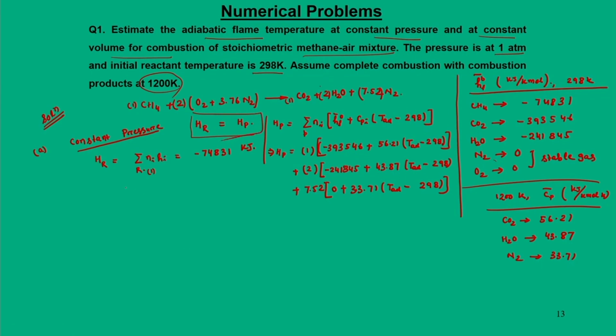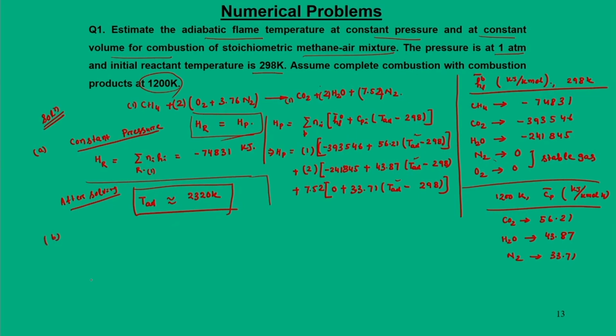When we equate these and solve, there is one unknown, that is T adiabatic. So this number would be 2320 Kelvin. So the adiabatic flame temperature for this methane air combustion is 2320 Kelvin.